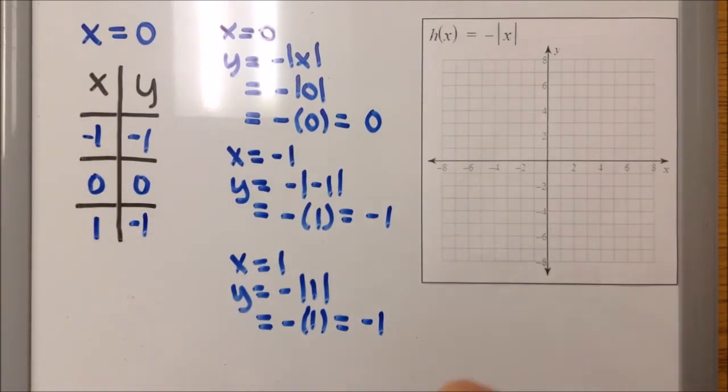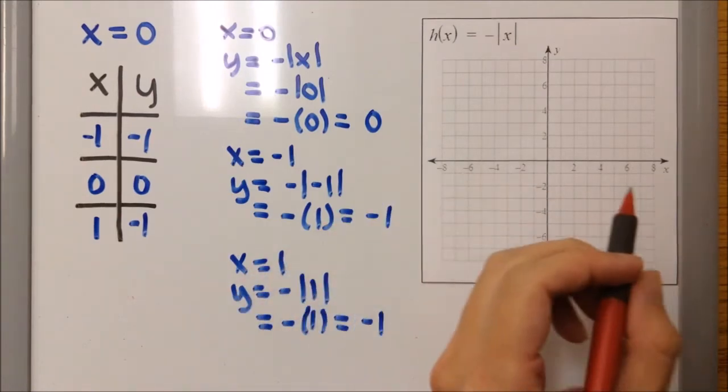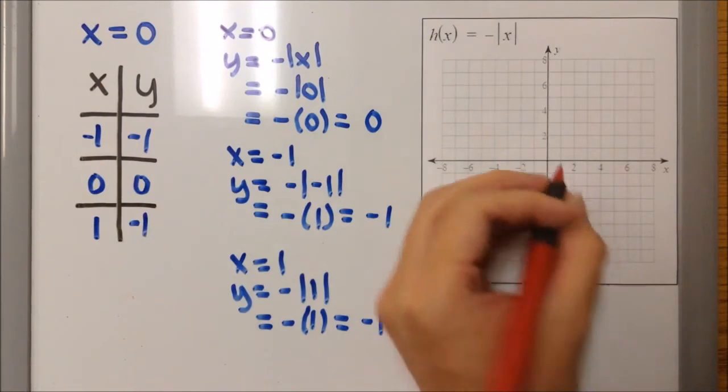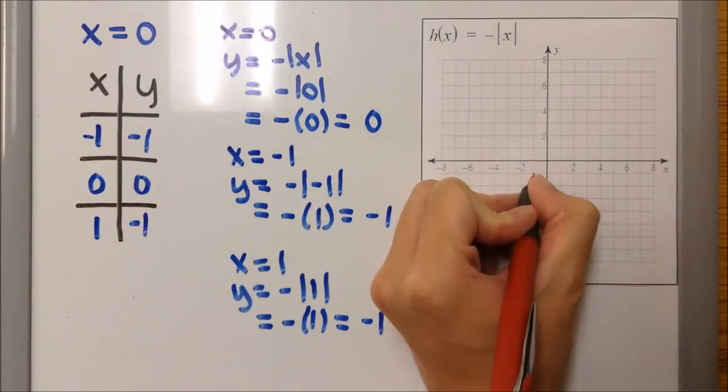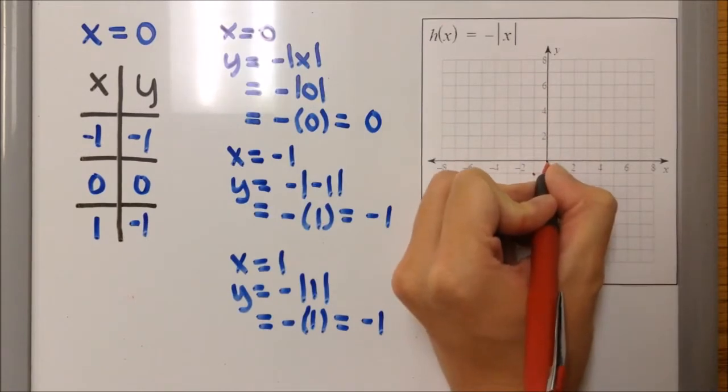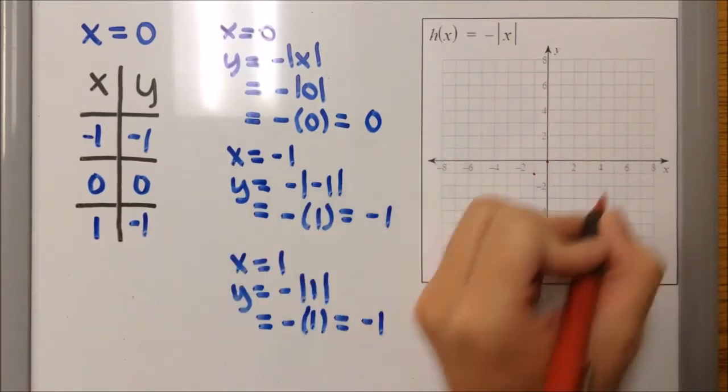Again, we only need 3 coordinate points to graph. You could do 4 or 5 to be precise, but 3 is enough for me. So, negative 1 is right here. 0, 0, and 1, negative 1.